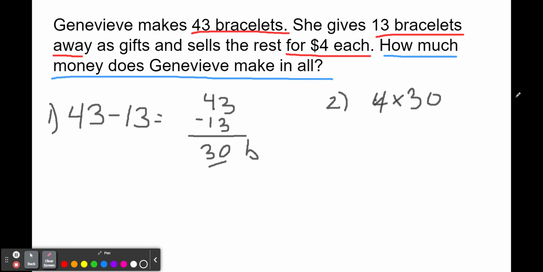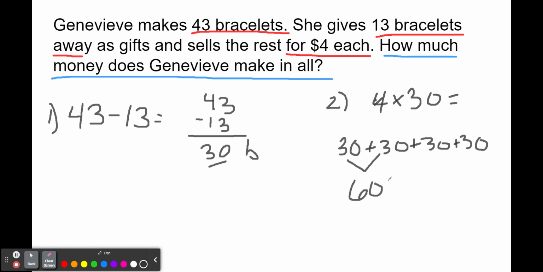So now I have 4 times 30, because I have $4 that I'm selling each of my 30 bracelets. So if I do 4 times 30, I know that 4 times 30 is going to be the same as doing 30 plus 30 plus 30 plus 30, which is going to give me 60. 30 plus 30 is 60.